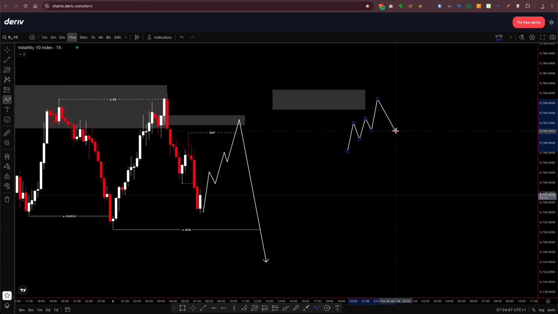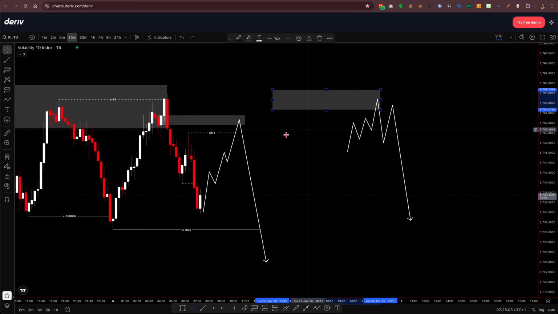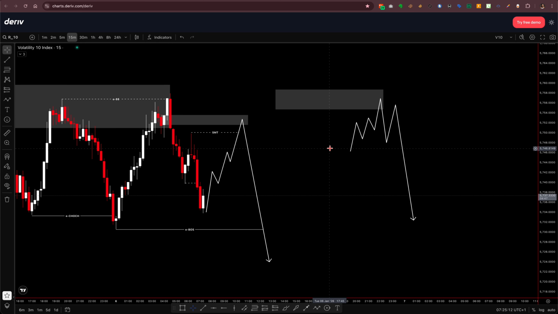I'm waiting for price to break the recent structure, then come back to tap into a POI, right? It could be an order block, a breaker block, or supply, and then I take that sell. So that's a confirmation trade for me. That confirms to me that this level is valid and I can take a sell from this point I'm looking at right here.